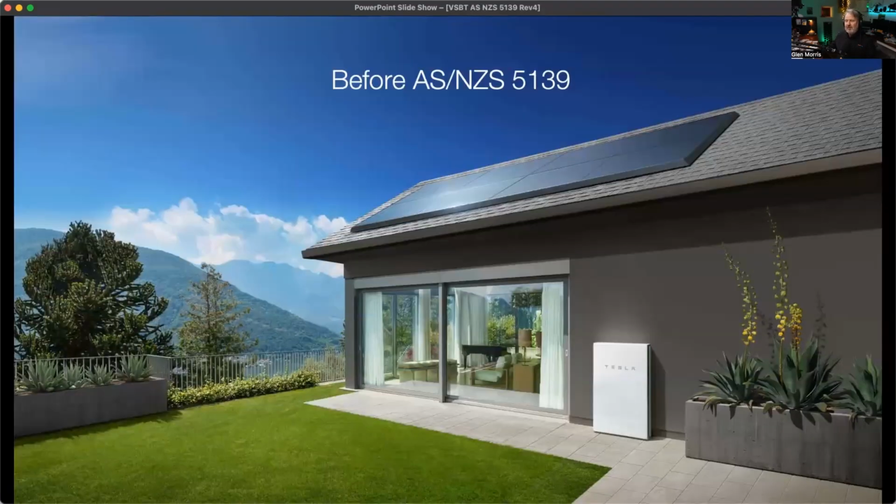Here we go. To make it a bit more real, let's take a marketing picture from Tesla before the publication of the battery standard. This would be how you could install a Tesla Powerwall. But once the battery standard was introduced, we had to keep 600 mils away from that sliding door because it's a habitable room.